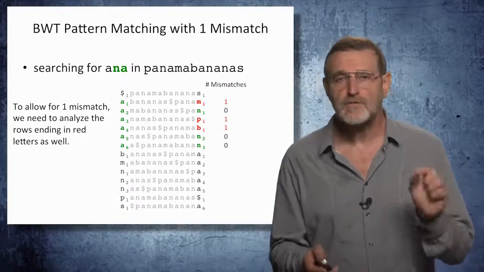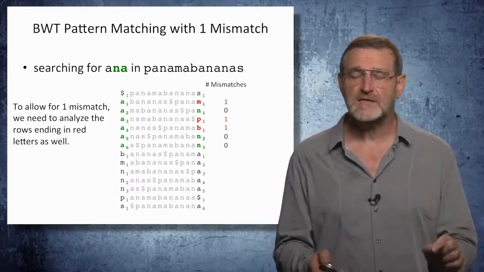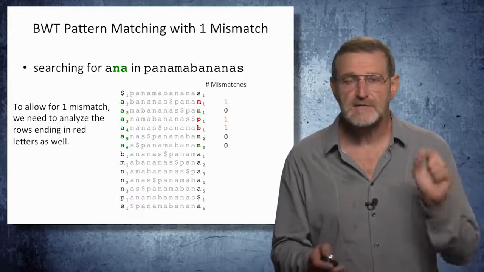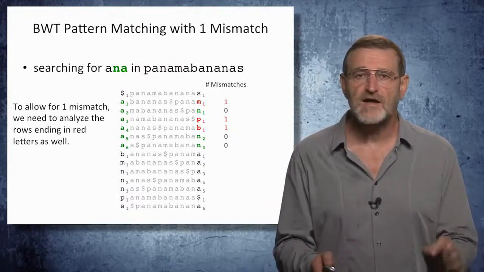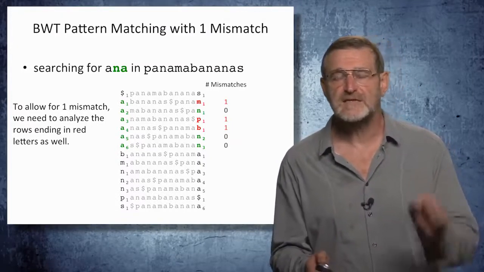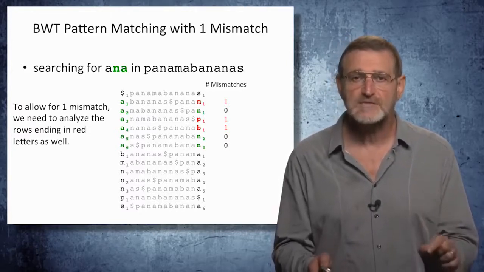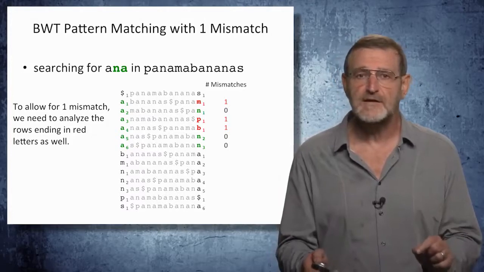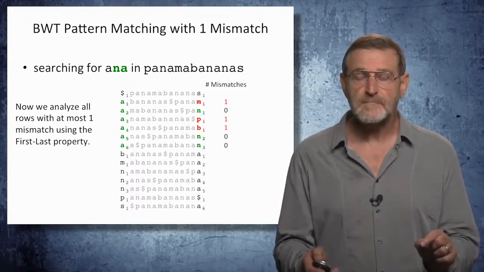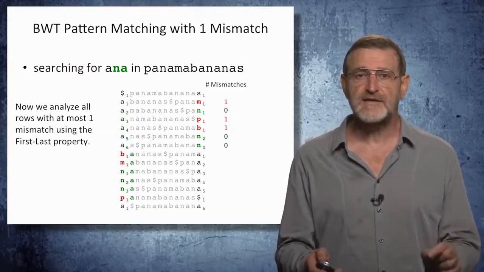After we found all rows we are interested in, we use again the first-last property to find where the symbol in the last elements of these rows appear in the first column, and they will be appearing here.